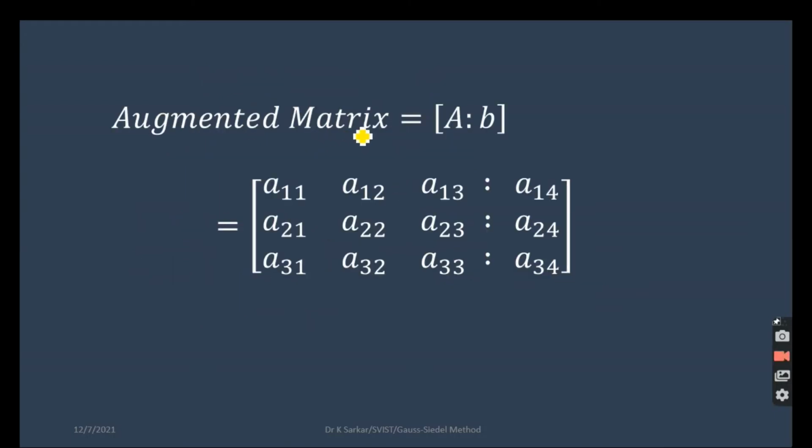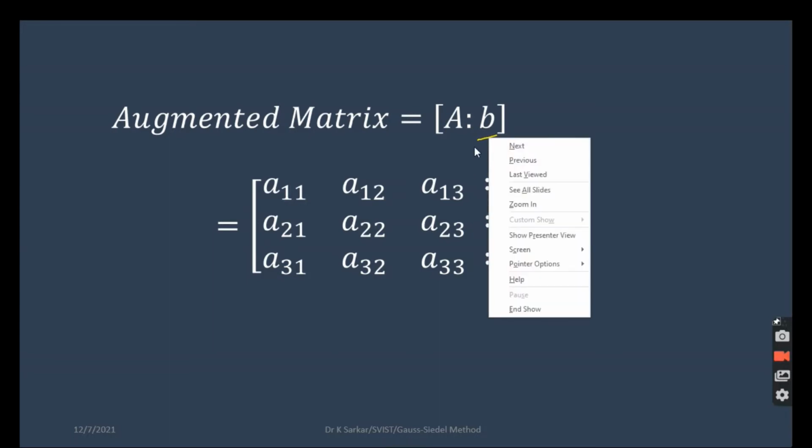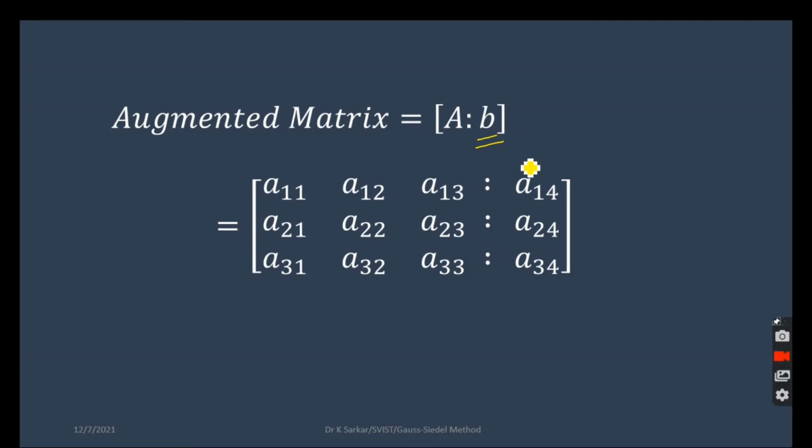Here we can construct the augmented matrix taking A and B together. Look here, this B is written subsequently as the elements of the matrix. So here you see A11, A12, A13, the next term will come as A14.